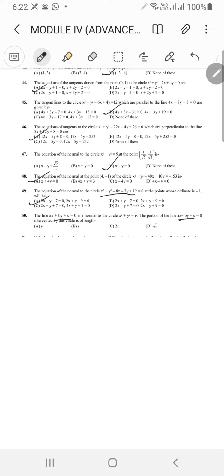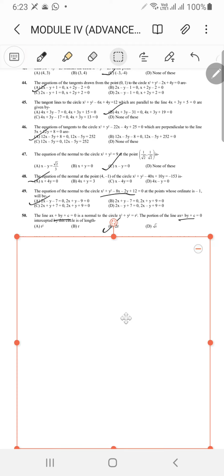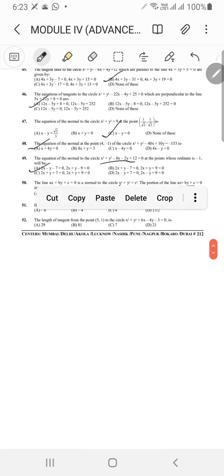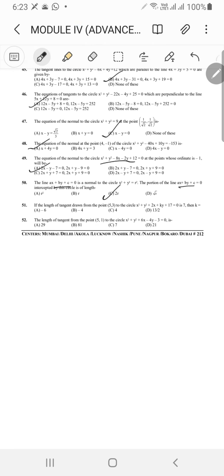Okay, fine. So the portion of this line intercepted by the circle, if it's a normal, it's going to pass through the center, which means basically it's the diameter, right? This line is the diameter. So that means it's going to be 2r, no doubt, unless they have some typing mistakes or something like that.